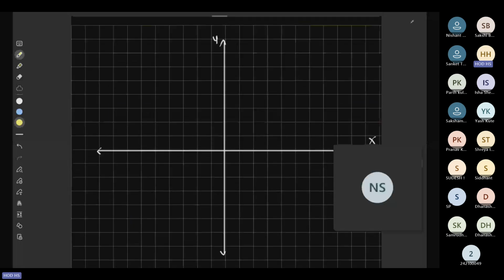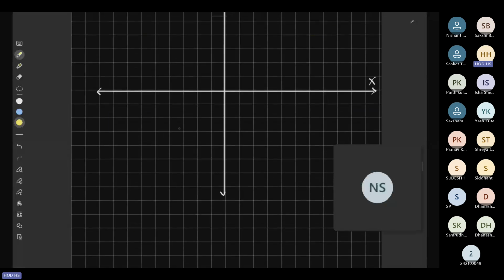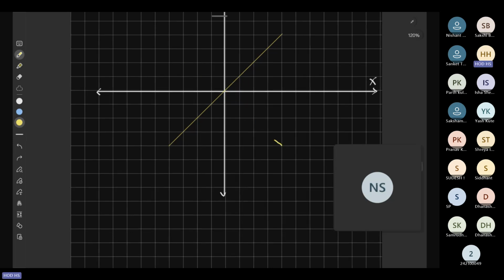So I will plot these two lines, y is equal to plus or minus x. Something like this line, and a line which looks something like this one. Why it is not taking the shape, I don't know.